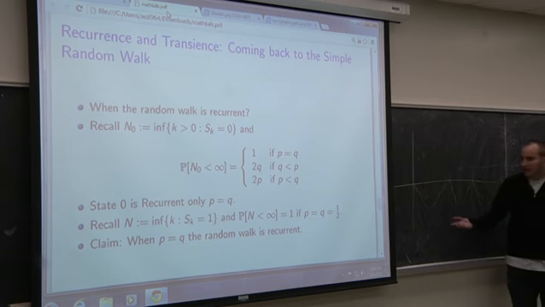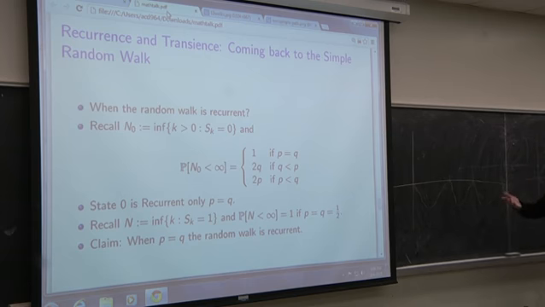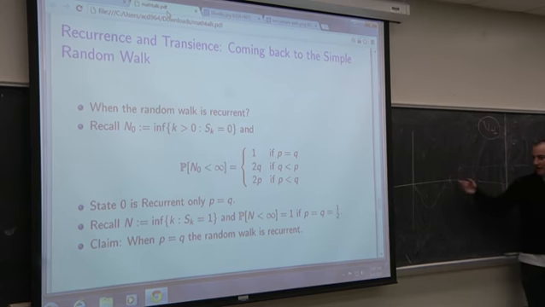And I can ask, in the balanced case, what is the distribution, let's call it N minus 1, of the time, the steps that I take to go to -1. What is the distribution of this random variable in the balanced case? Same as N1, because everything is symmetric here. So by the same argument, at some point I'm going to reach level -1.